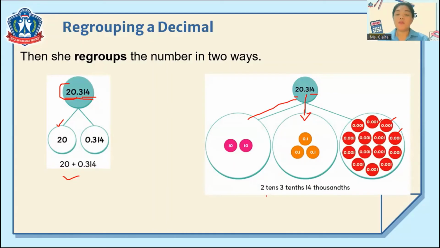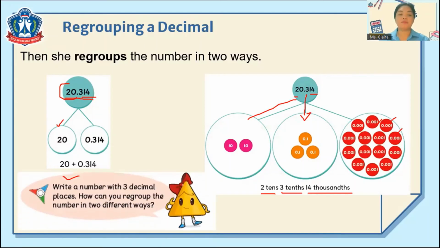So to regroup this one, we have 2 tens, 3 tenths, and 14 thousandths. If we use 14 thousandths, no more hundredths, because we already put together the hundredths and the thousandths. So now, can you write a number with 3 decimal places? How can you regroup the number in different ways?